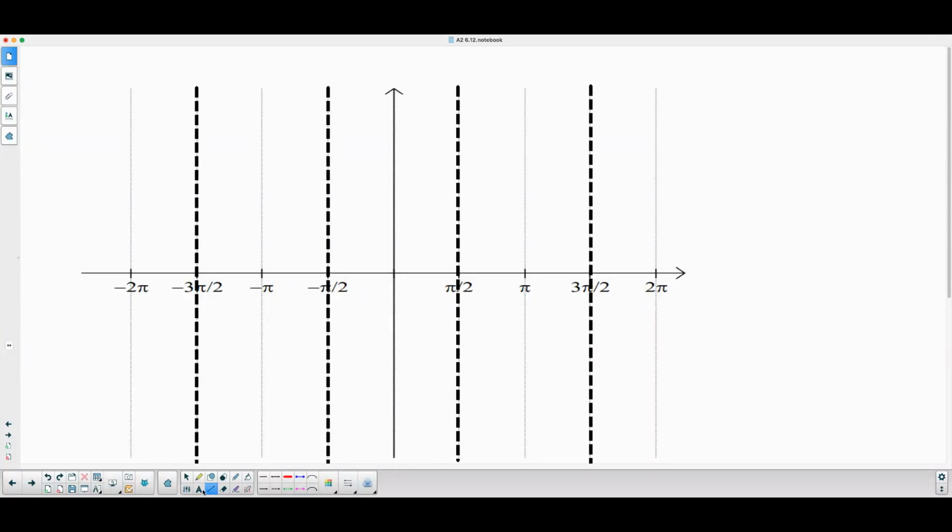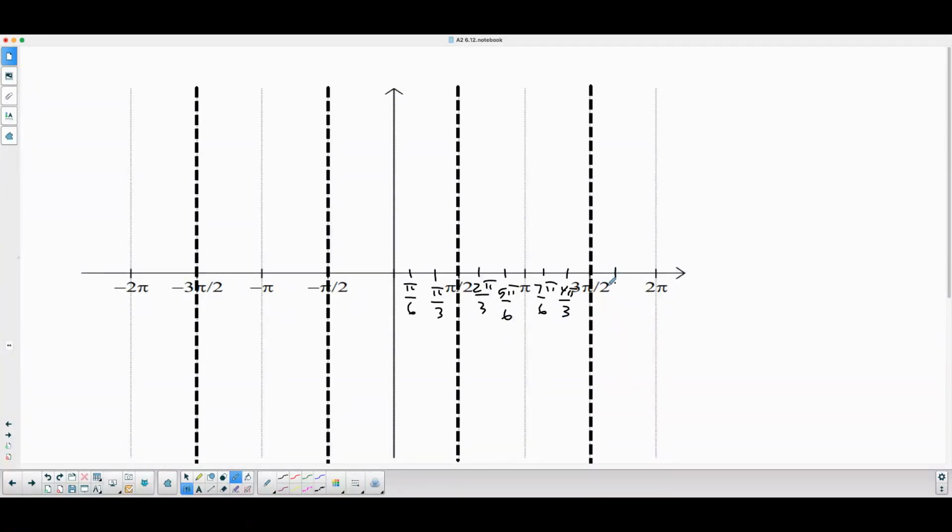And then the next thing I'm going to do is I'm going to put all my pi over 3 and pi over 6 multiples on there. So if I split this angle up here, this is going to be pi over 6. This is going to be pi over 3. This is going to be 2 pi over 3, 5 pi over 6, 7 pi over 6, 4 pi over 3.